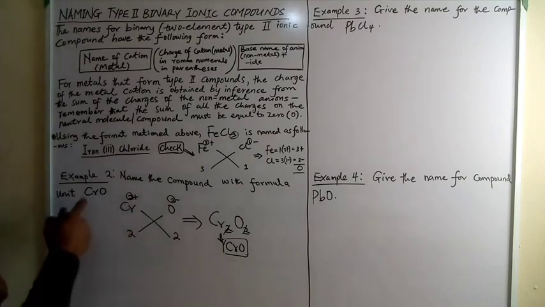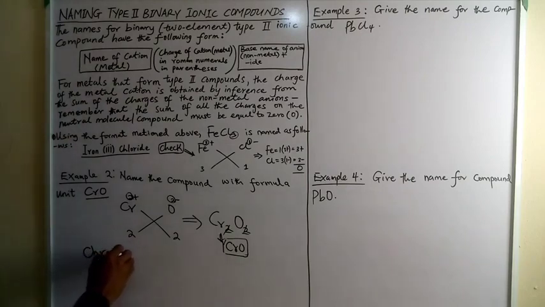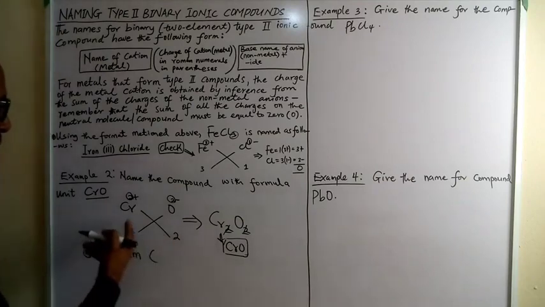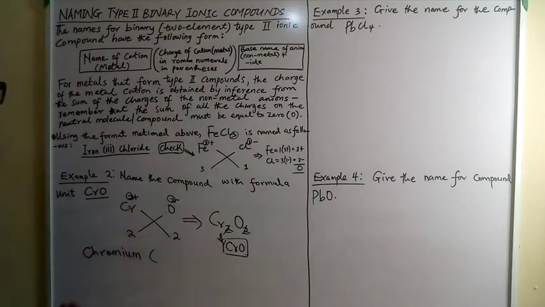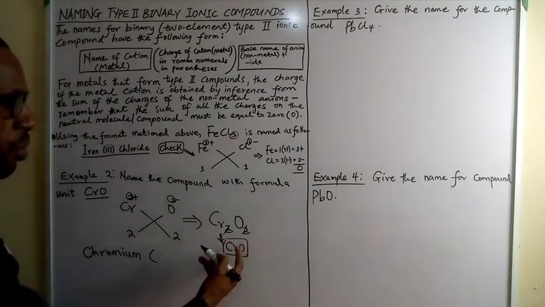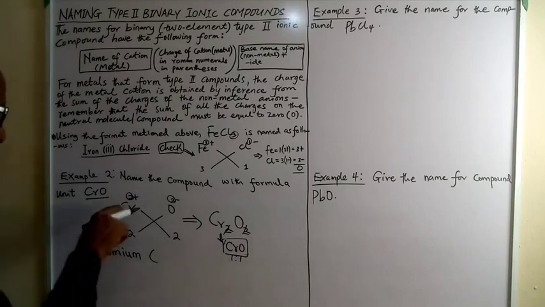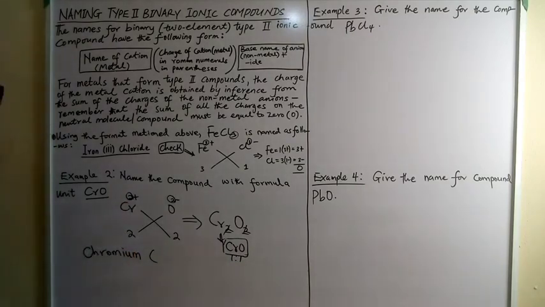So, to name this CrO, you say the name of the metal or the cation, you say chromium. We open a parenthesis. What is the charge on chromium? It's 2. Even though it is CrO in the ratio of 1:1 when you have reduced it, the charge is still what? 2 plus.